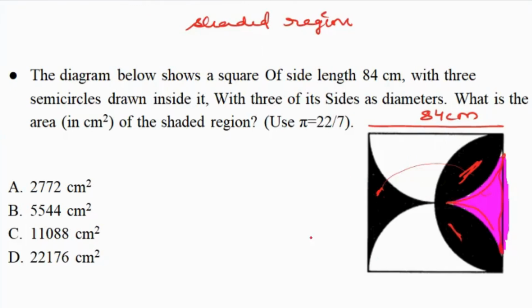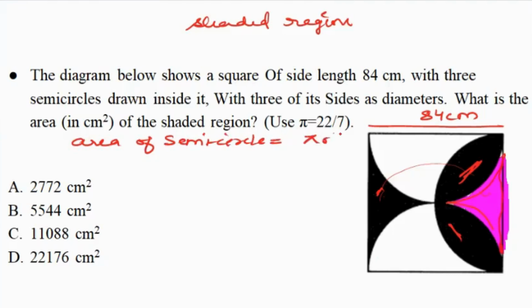So instead of adding and subtracting the areas and then finding the area of the shaded portion, we can simply see that by merging this figure over here, we are getting one semicircle only. So we can find the area of the semicircle only. Now the question is, what is the area of a semicircle?